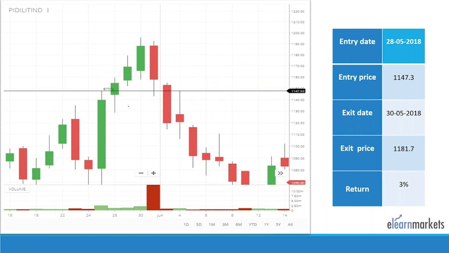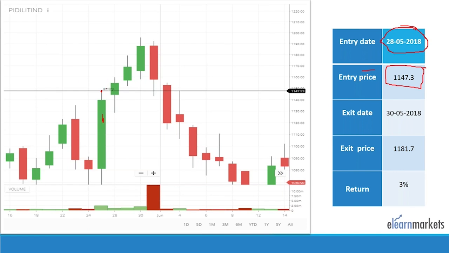So Pidilite is a stock which came on 28th of May. So when we ran our scan on 27th of May, we get Pidilite for 28th of May. This is 27th. So on 28th of May, when the price crossed the high of 27th, we entered at a price of 1147, right?